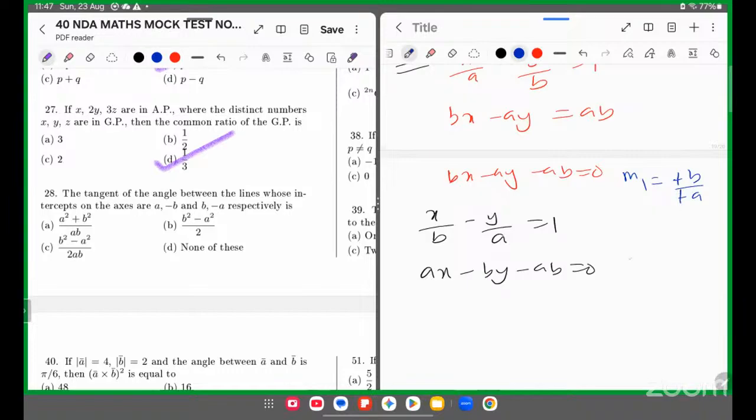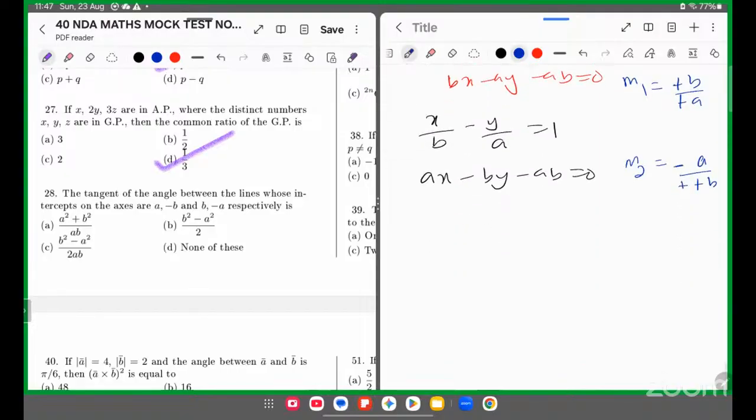So m1 is b by a, m2 is minus a divided by minus b, which will become a by b, minus a by b.